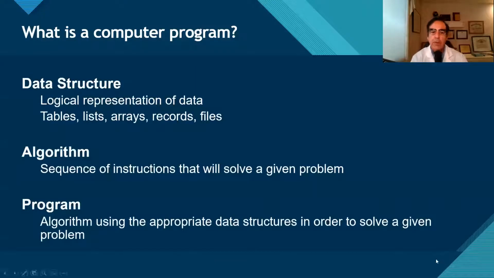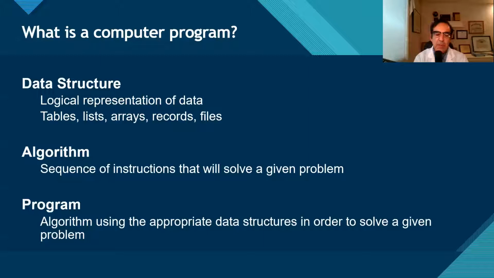All right, so just as a quick review, let me go through and talk about things in a computer program. So we have data structure. We have to have a way of modeling the data to list it out either in tables, lists, arrays, records, files. We have to organize it in a way that we're going to be able to communicate with the computer's CPU, send that information in and out of the CPU, and process it.